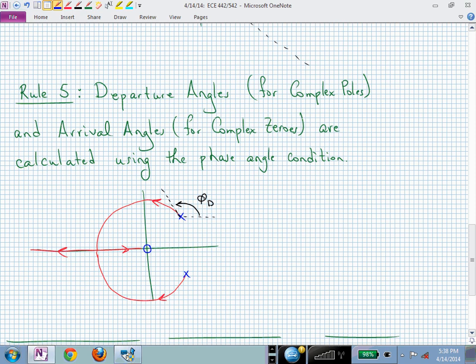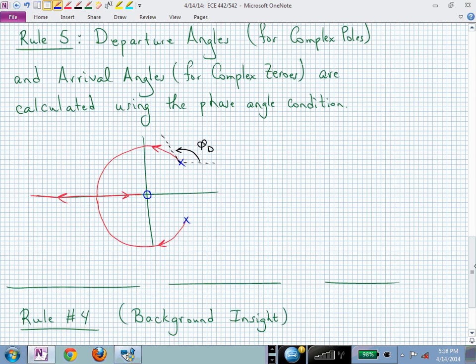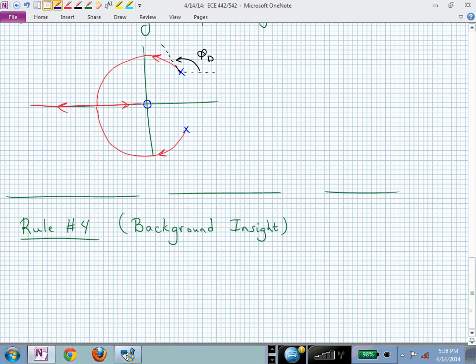And that's, what, 135 degrees, something like that. That's what you would calculate for phi sub d, based on the phase angle condition. And again, we're going to look at some examples of that. Let's start with a little insight behind rule number 4.